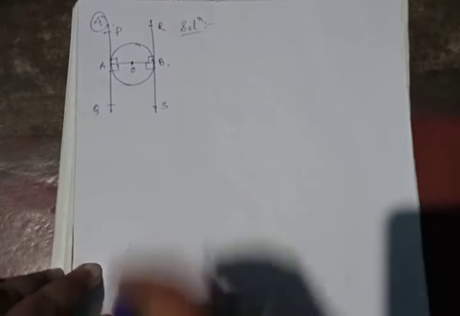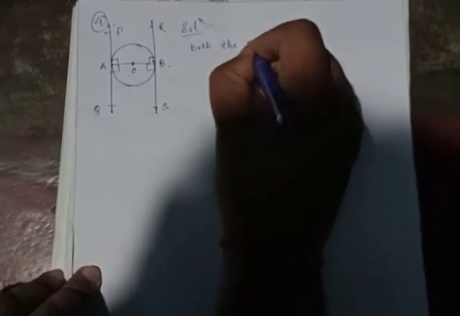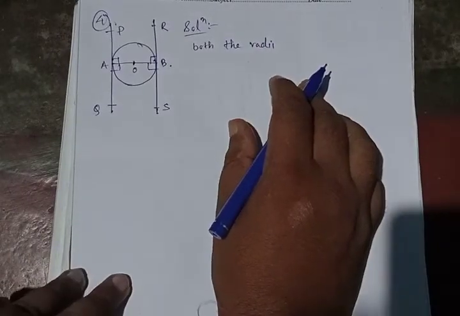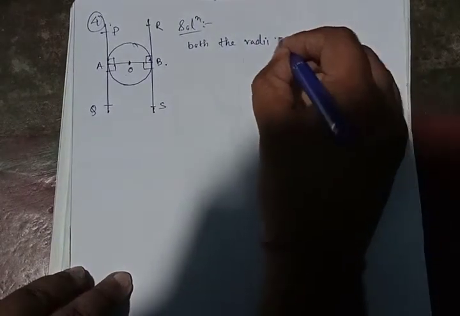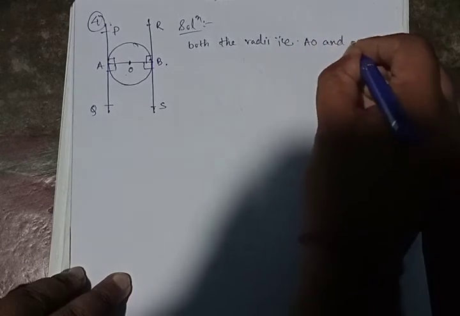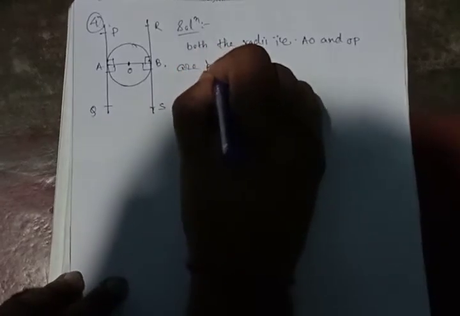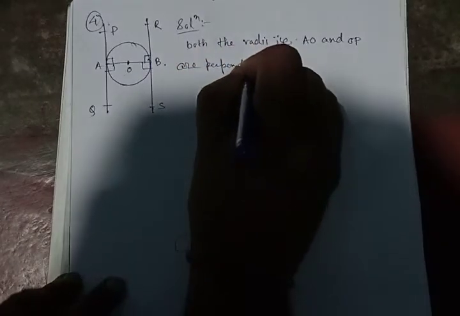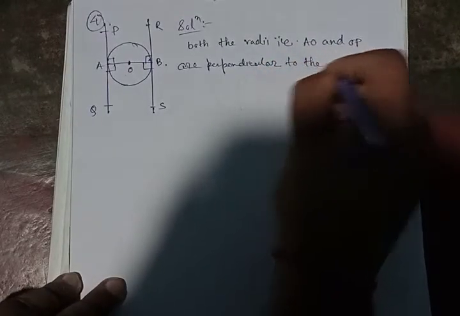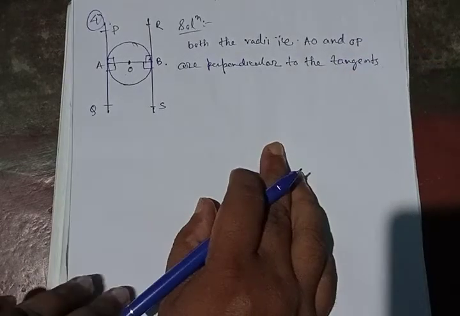Both the radii, that is AO and OB, are perpendicular to the tangent. These are all perpendicular to the tangent.